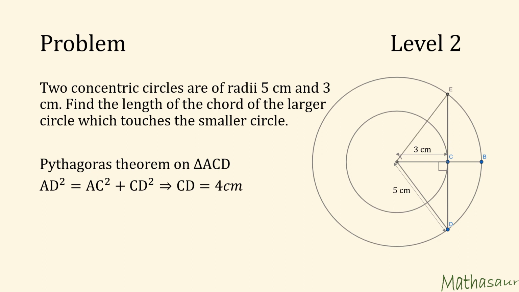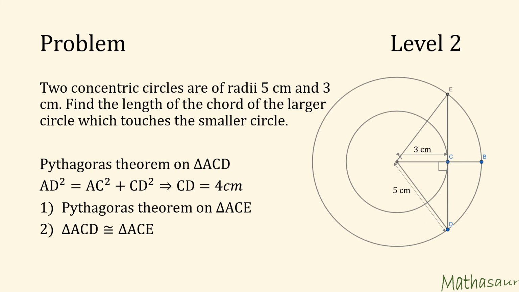Now similarly, we can join the line segment AE and figure out the length of CE. We can apply the Pythagoras theorem on triangle ACE. Or we can also see the triangle ACD would be congruent to triangle ACE. There is a right triangle, there is a common side, and there is a hypotenuse which is equal to the radius 5 centimeters.